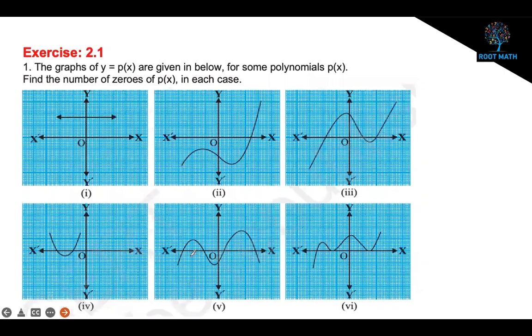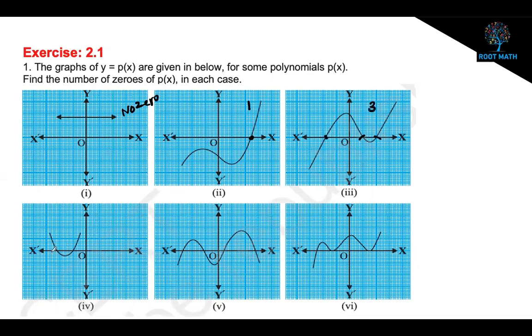Next, we are moving to the exercise problems. In exercise first question, again, you want to find out the number of zeros of the given polynomial from their graphs. So the first one is not intersecting at any point in the x-axis. So it doesn't have zeros. So no zeros. And in the second question, you can see it is intersecting at 3 points.